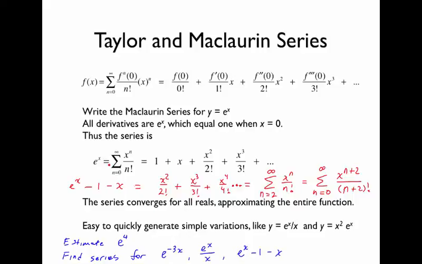Right, yeah. So anywhere there's an x, now you have negative 3x. So e to the negative 3x will just be, wherever there's an x, I have a negative 3x.